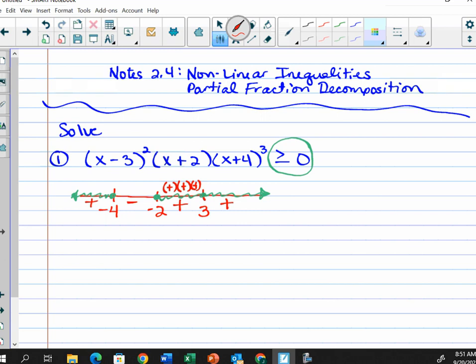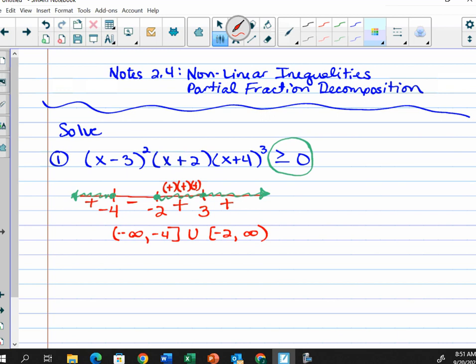Negative infinity to -4 included, and then it's from -2. You don't have to separate it out and say -2 to 3 included, 3 to infinity. 3 is included, just keep going. If it's not included, then yes, you'd have to jump over it.